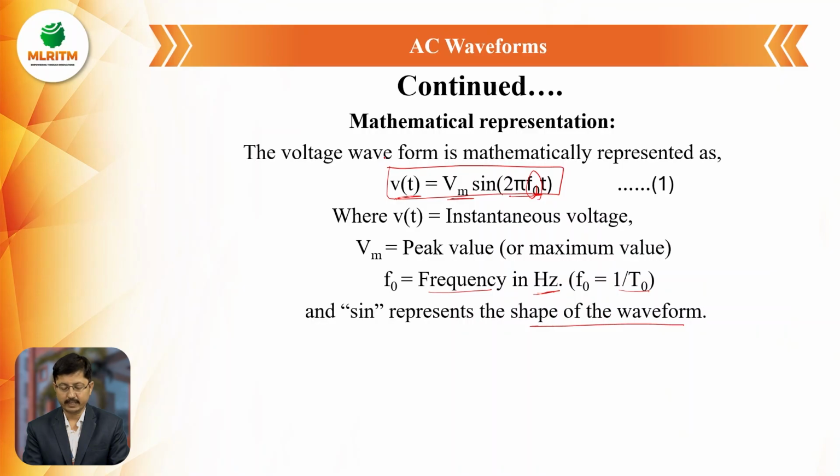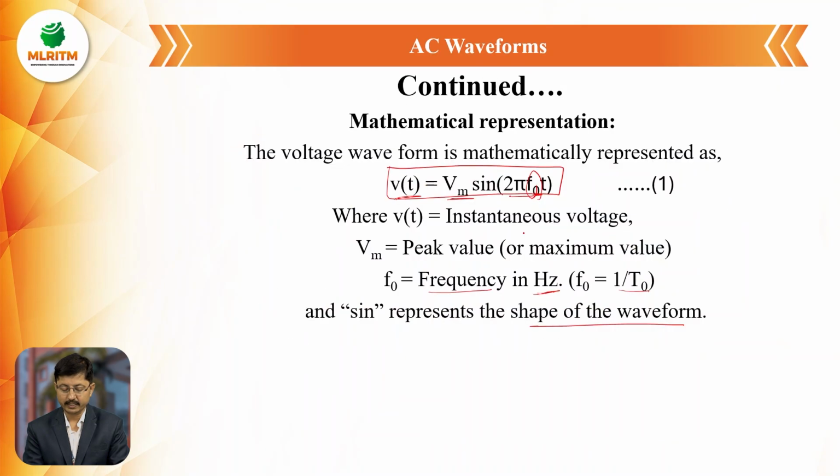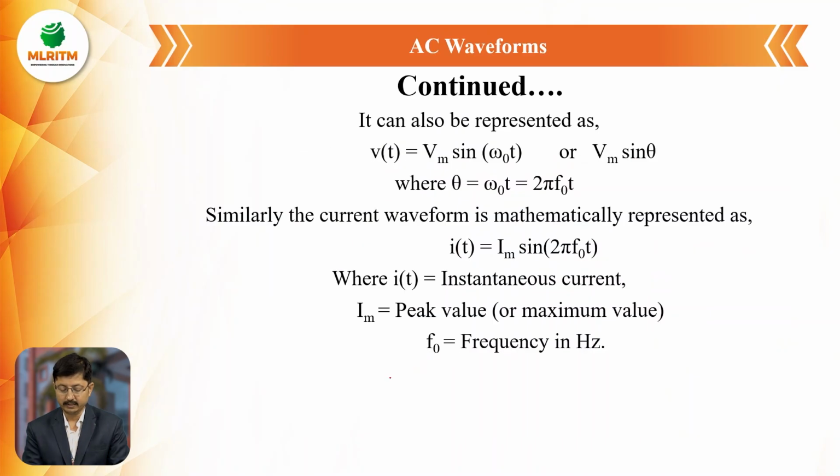So this waveform can be represented in mathematical form, that is v(t) = Vm sin(omega t), where omega is the angular frequency. It can also be represented as v(t) = Vm sin(theta), where theta is omega0 times t, and omega0 is the angular frequency, equal to 2 pi f0.